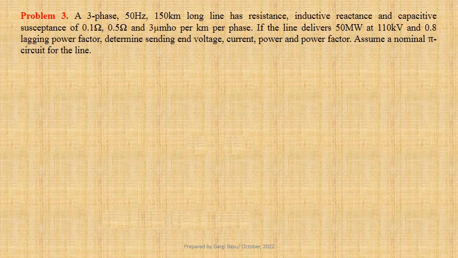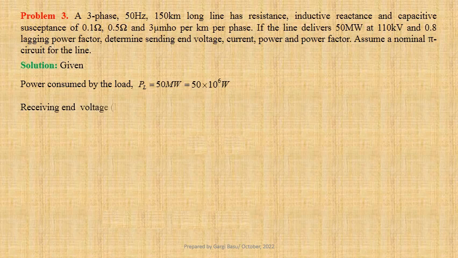Let us first write down the given data. Power consumed by the load PL equals 50 megawatts, that is 50 into 10 to the power 6 watts. Line to line receiving end voltage VR line equals 110 kilovolts, that is 110 into 10 to the power 3 volts.